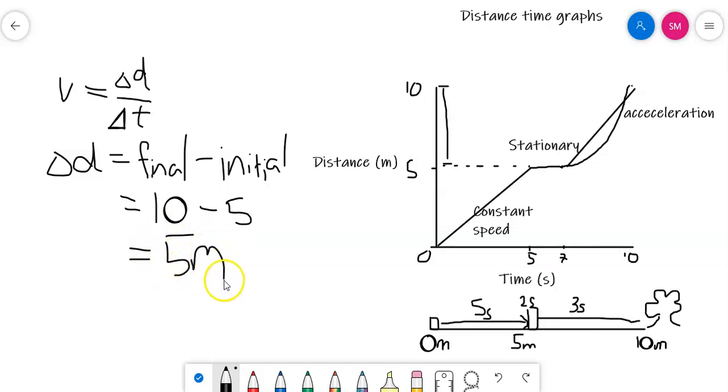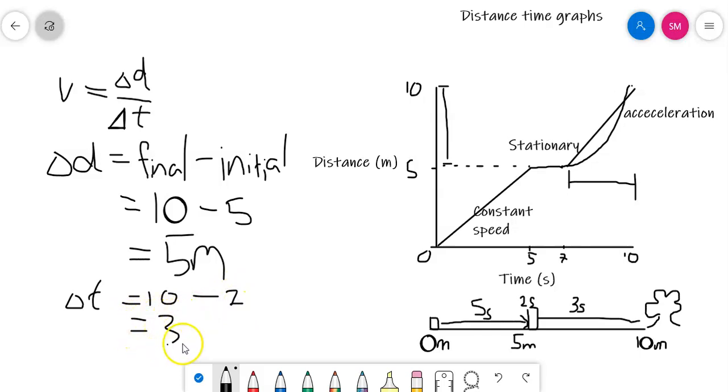The change in time is 10 minus 7. In this case, we're just looking at the change in time for this section here. So the change in time equals 10 minus 7, which is 3 seconds.